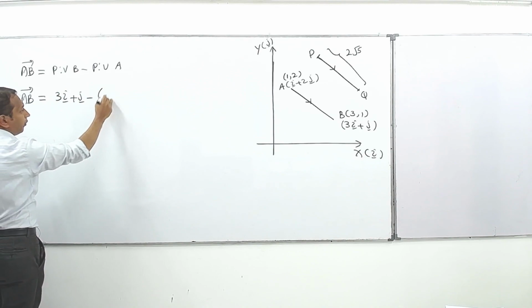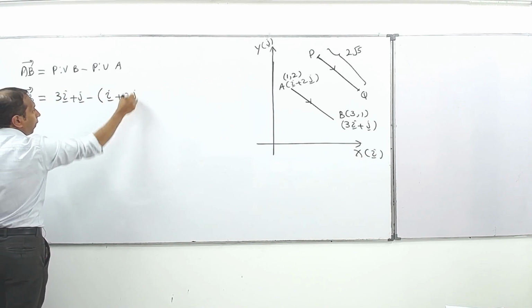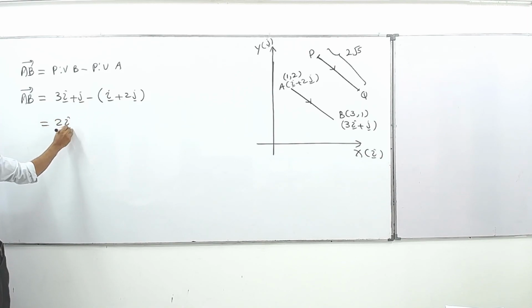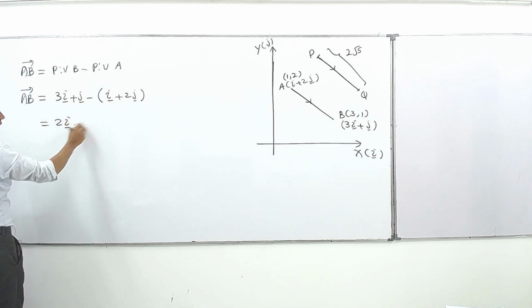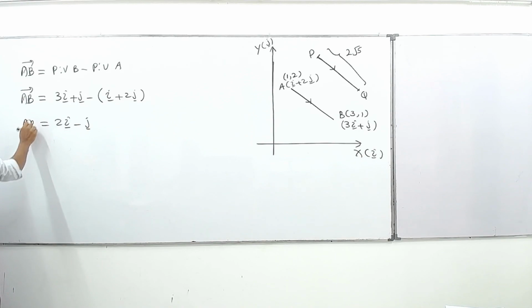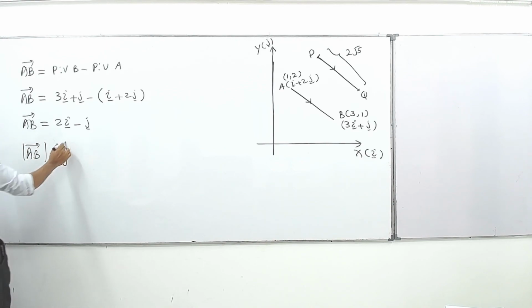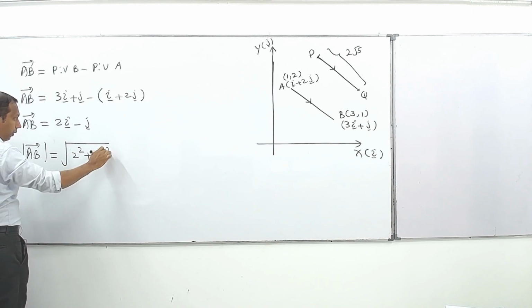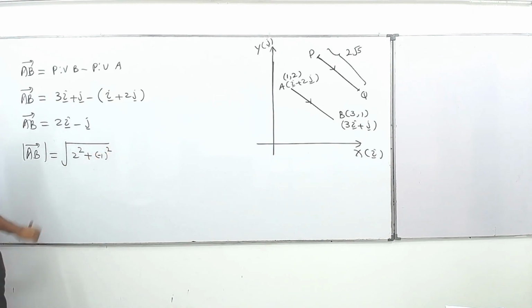Position vector of A, i plus 2j. 3i minus i, 2i. j minus 2j, minus j. This is the AB vector. I am going to find AB vector modulus, its size. Square root of i coefficient squared plus j coefficient squared. This is root 5. This is the size of the AB vector.